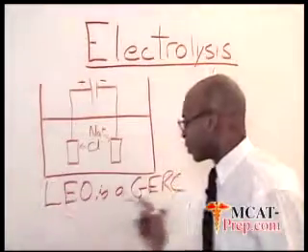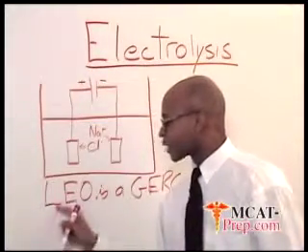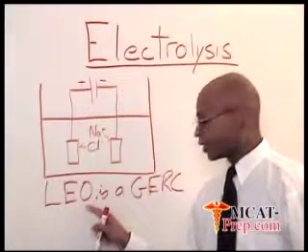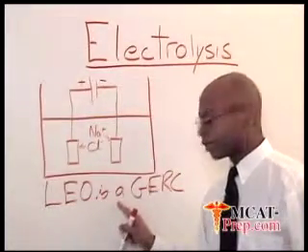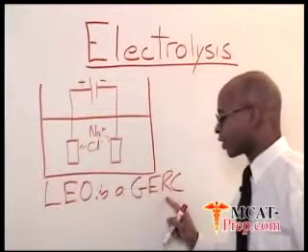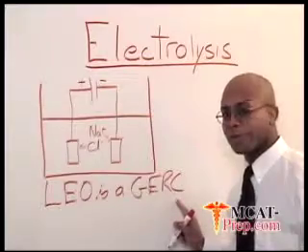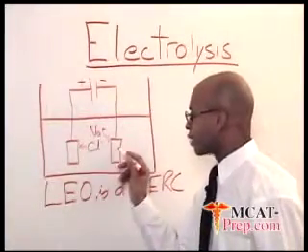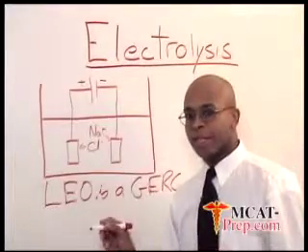Anyway, so LEO is a jerk, and that stands for loss of electrons, oxidation, anode. Gain of electrons, reduction, cathode. So as sodium comes here to this electrode, what's going to happen?